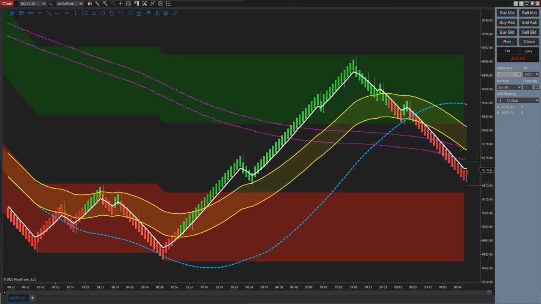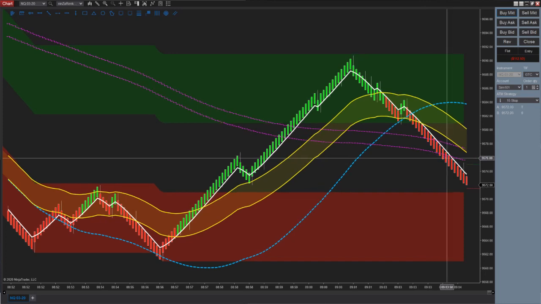Alright, we were just 1250 up, now we're that much down. They didn't respect this zone at all.